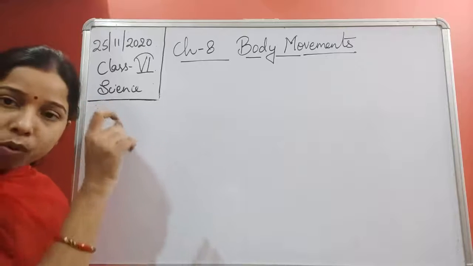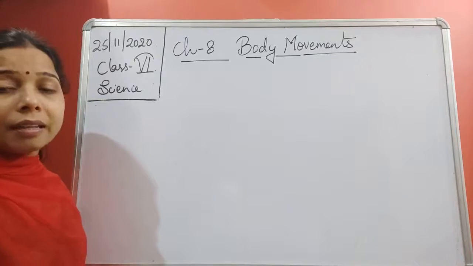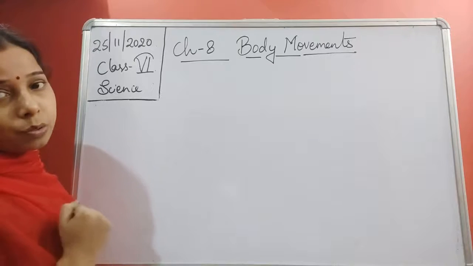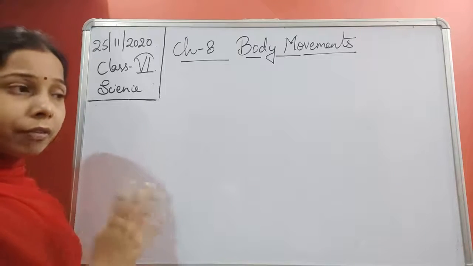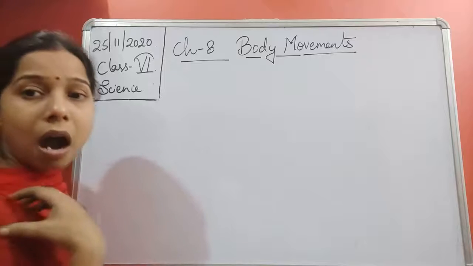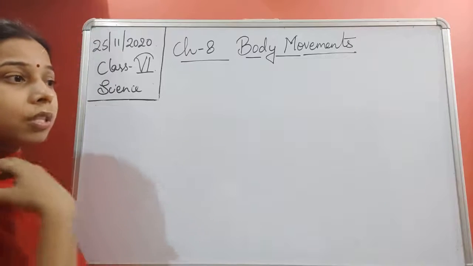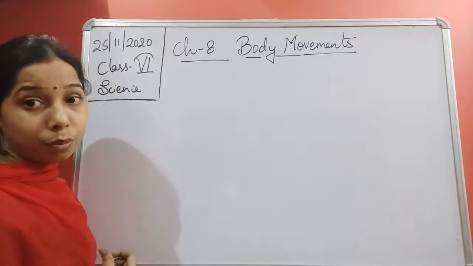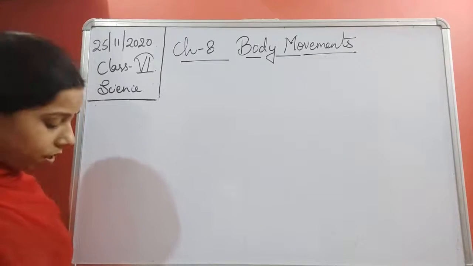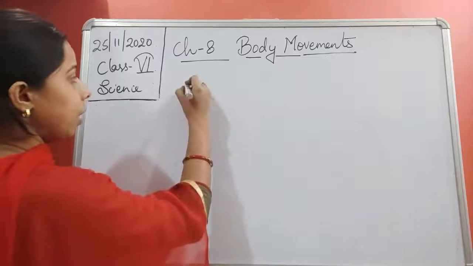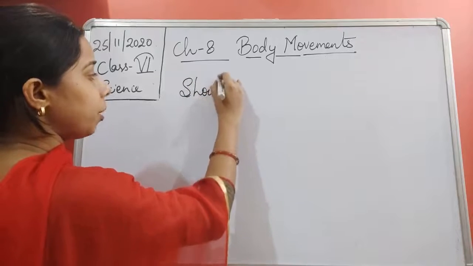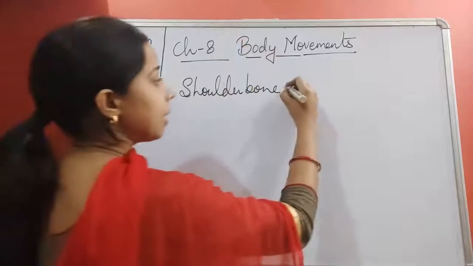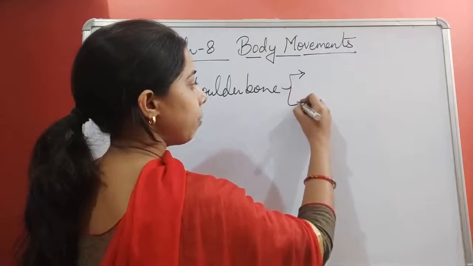Now when you move below, students, you will find other bones, which include the hip bone and the leg bone. We were talking about our arms. Arms are attached to another bone, known as the shoulder bone. The shoulder bone consists of two things.